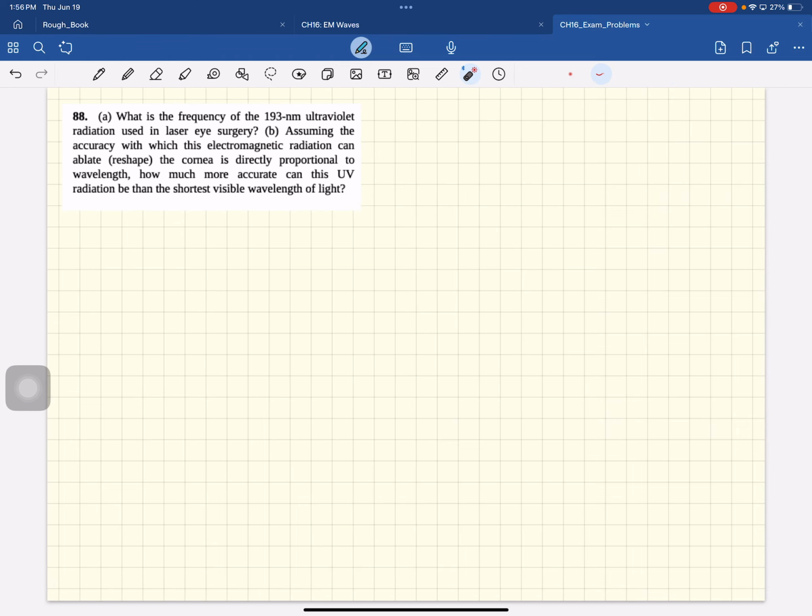All right, so one last one. What is the frequency of a 193 nanometer ultraviolet radiation used in laser eye surgery? Okay, so C is frequency times wavelength.